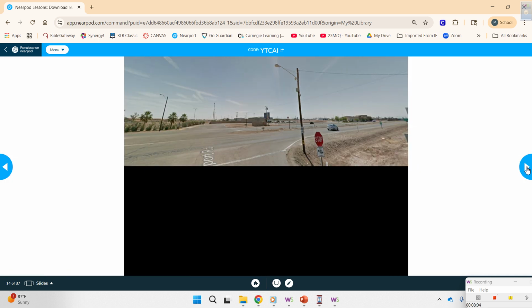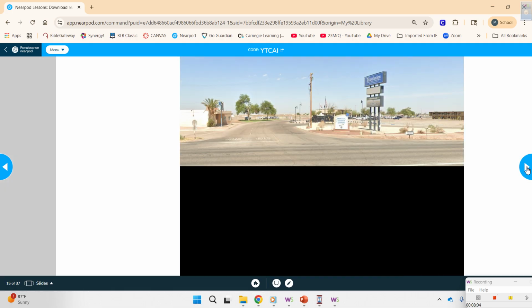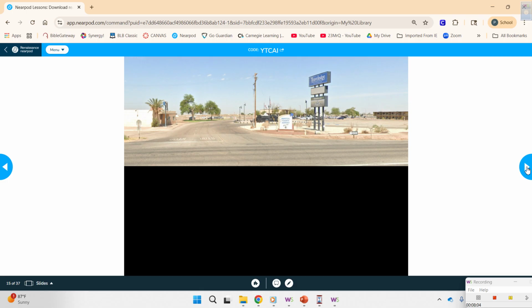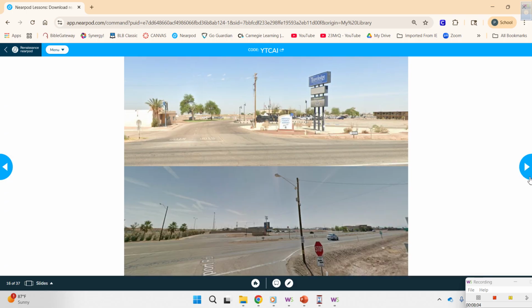So with that said, here goes. Let's see. Do you recognize that? Look at it. Does that look familiar? Let me show you both sides at the same time. See if you recognize them. Isn't that by the airport, right?